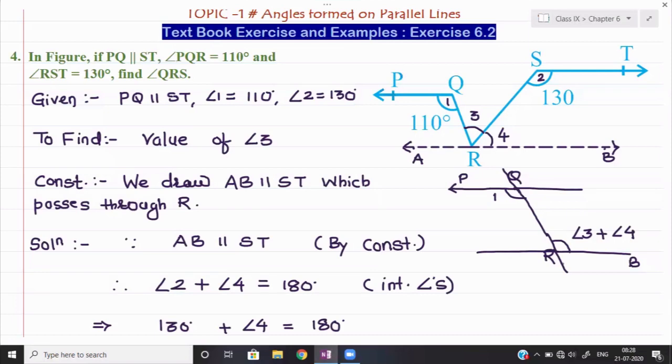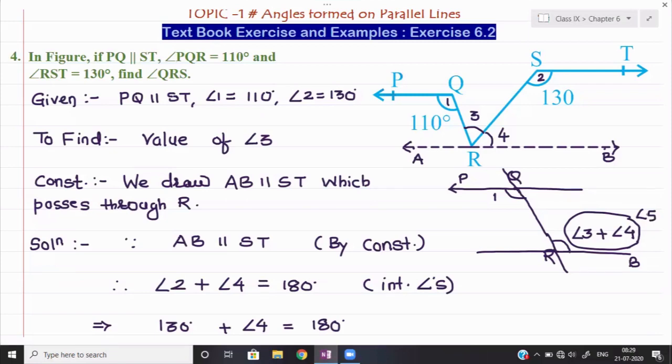These two angles, suppose I consider the sum of angle 3 plus angle 4 as one angle, because the sum will again be another angle, I say it is angle number 5. So angle 1 and angle 5 are alternate angles, and we know that if lines are parallel, then alternate angles are equal. But here it is not given that PQ and AB, or you can say RB, are parallel.